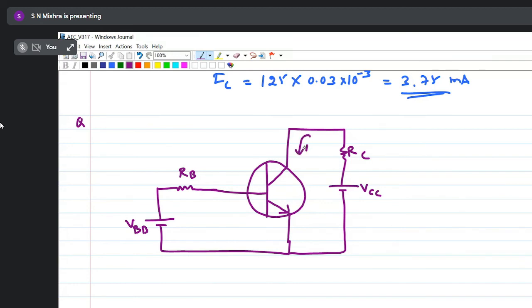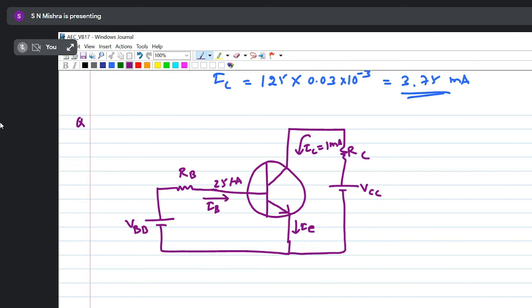Here IC equals 1 milliampere, IB 25 microampere, this is IE.